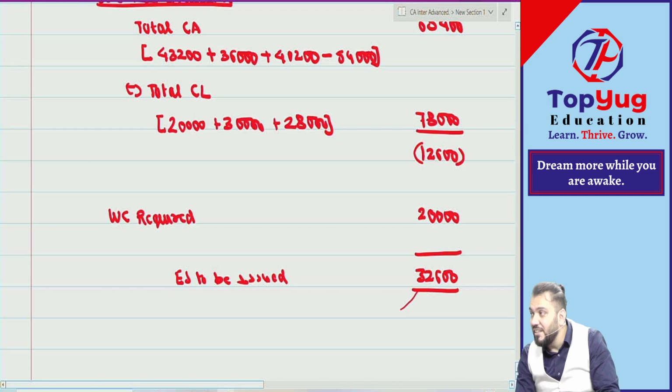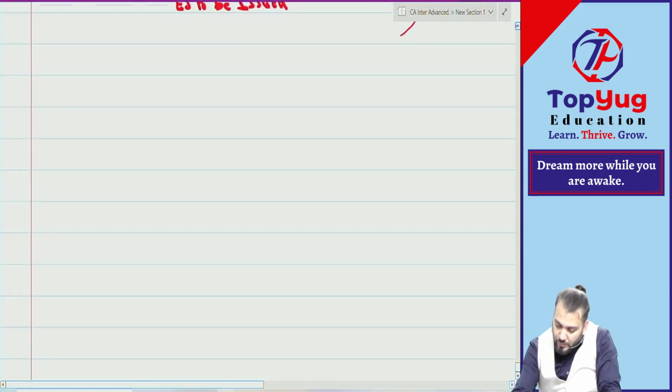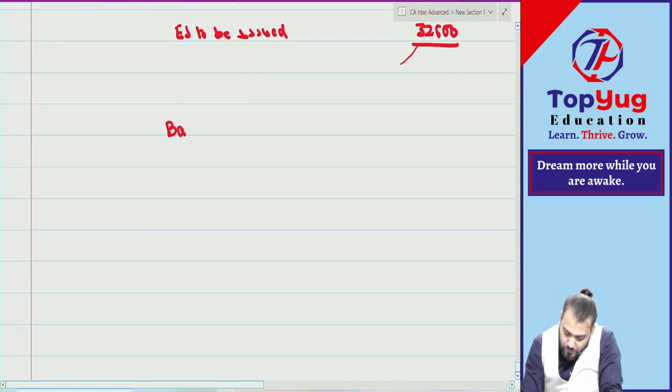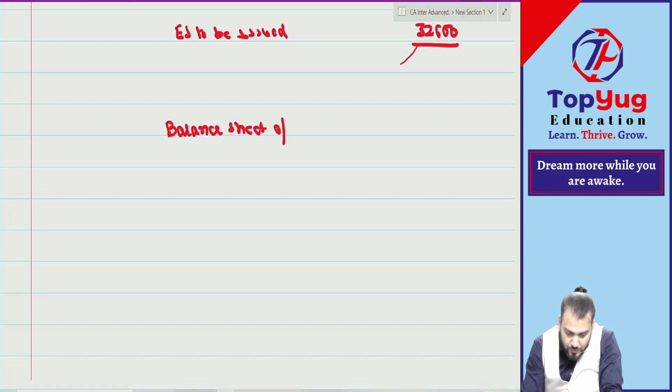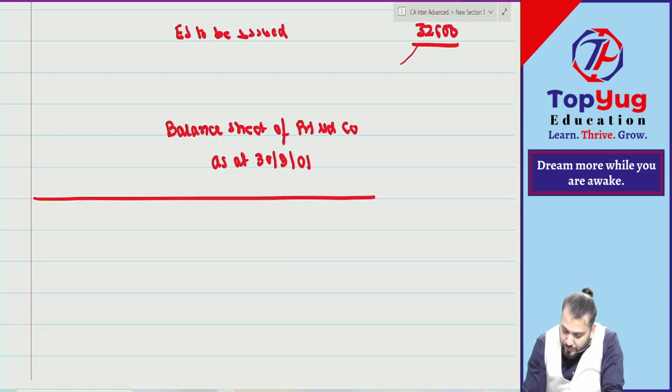But now in Schedule 3 format. So same to same balance sheet, only capital will change, debenture will come, cash will change. Can we do it? Balance sheet. Balance sheet of which company? Private limited company. As at which date? 30th September 2001.